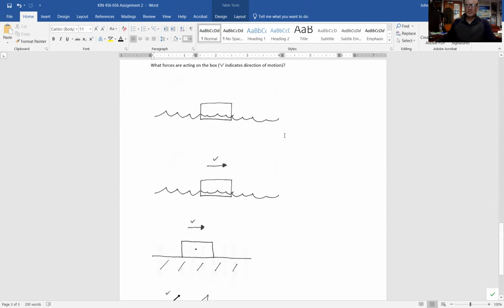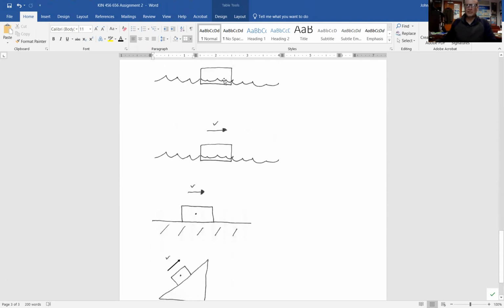So I just have these situations listed here. This is just a box floating in the water. What forces, push or pull, that tend to cause motion, are acting on this object? And all you're going to do is use an arrow to represent that force. You're going to put the arrow on the object where you think the force is being applied.